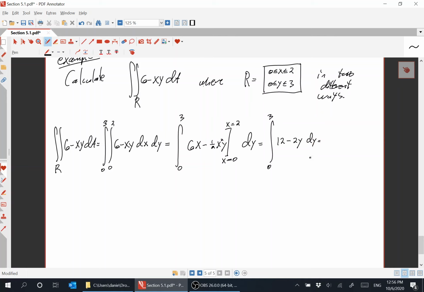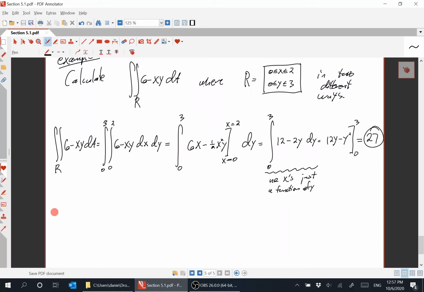All the x's are gone, and I'm left with a function of y. No x's, just y's. So now the antiderivative with regard to y is 12y minus y squared from 0 to 3, which is equal to 36 minus 9, which is 27.